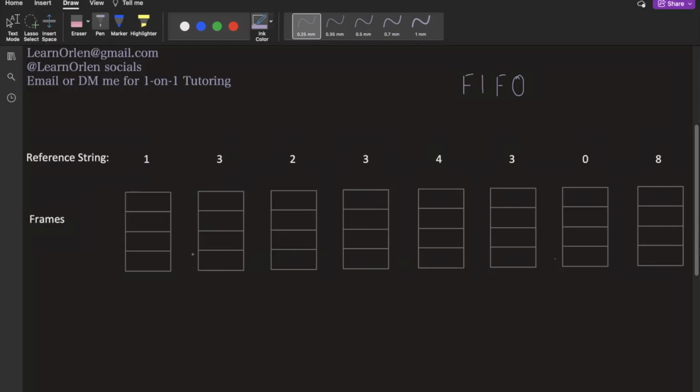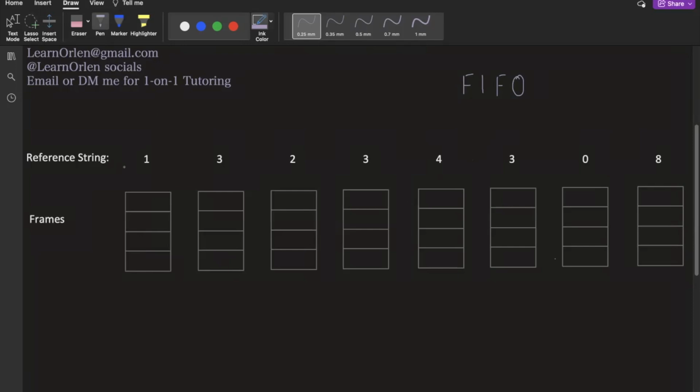And each second we will see, depending on the algorithm, what our frames will look like during each request. We'll start empty. This is a traditional three frame setup with an extra row here to decide if it was a hit or a miss, as denoted by a check or an X. But to begin, we'll start with FIFO.